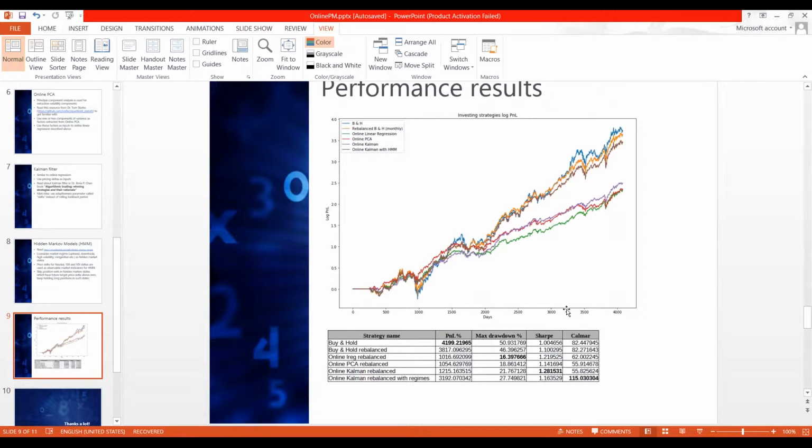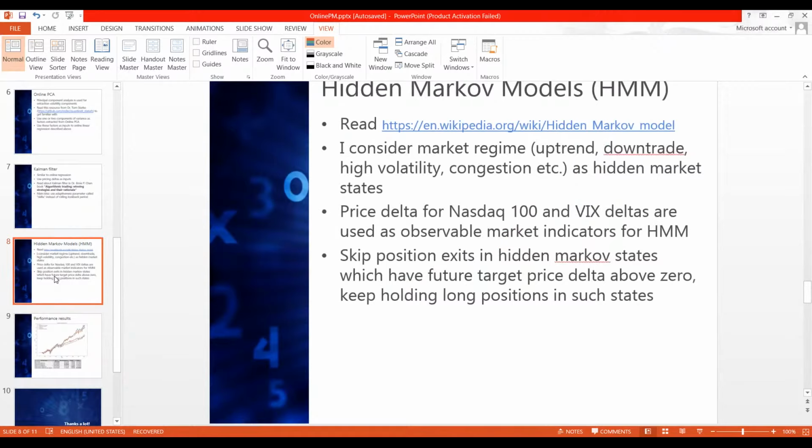As far as I remember, I chose 2 or 3 states, meaning market regimes, which were calculated by the parameters I mentioned. It was price deltas for the sector ETF and VIX deltas as observable market indicators.